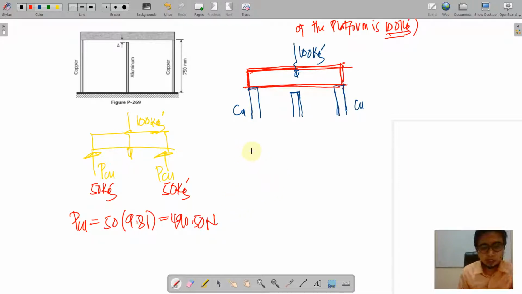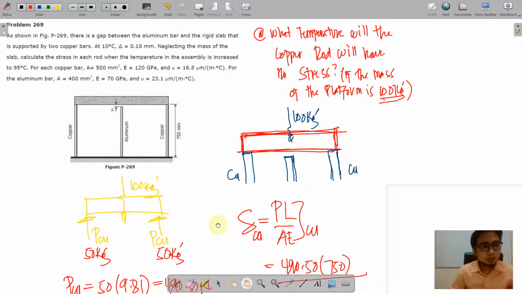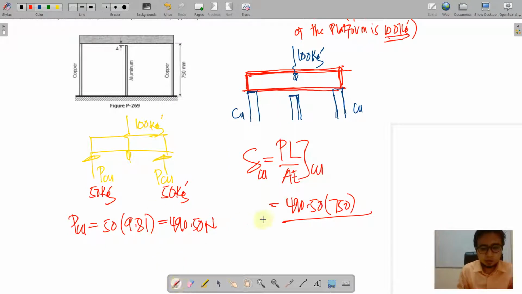So from this, we can now compute the deformation caused by this loading. First, this is for copper. PL over AE of the copper, we have 490.5 times the length, which is 750, over the area for copper, which is 500 millimeters squared, and a 120,000 modulus of elasticity.